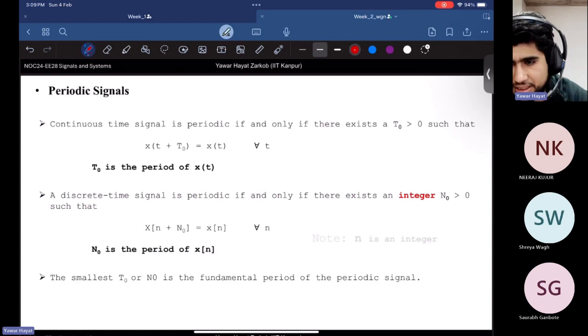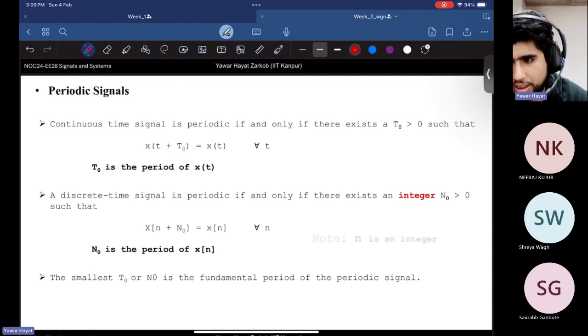A discrete time signal is periodic. This definition is similar to how we define periodicity in continuous time signals. A discrete time signal is periodic if and only if there exists an integer. Note, we did not use this condition before. We said that in continuous time signals, a signal is said to be periodic if there exists a t naught that is greater than 0. We did not impose any condition on t naught.